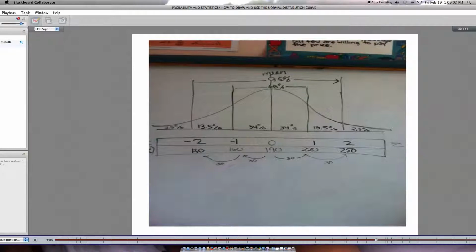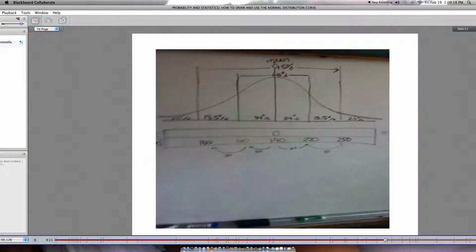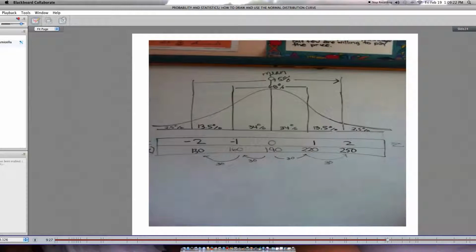So I go to the test question, and I say, there is a 16% chance that more than 250 books are borrowed in a week. Well, let me look at my graph. More than 250 books are borrowed in a week? No, because after 250 books, it's only 2.5%.